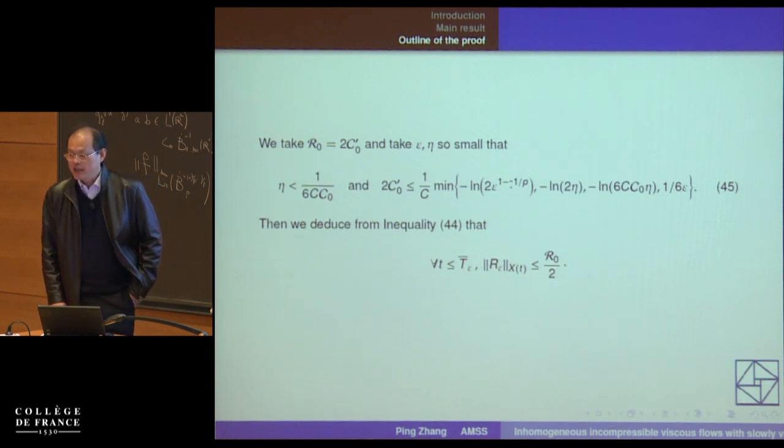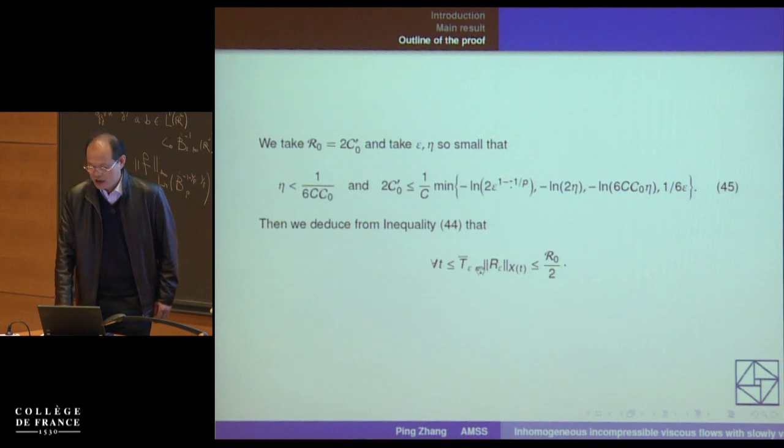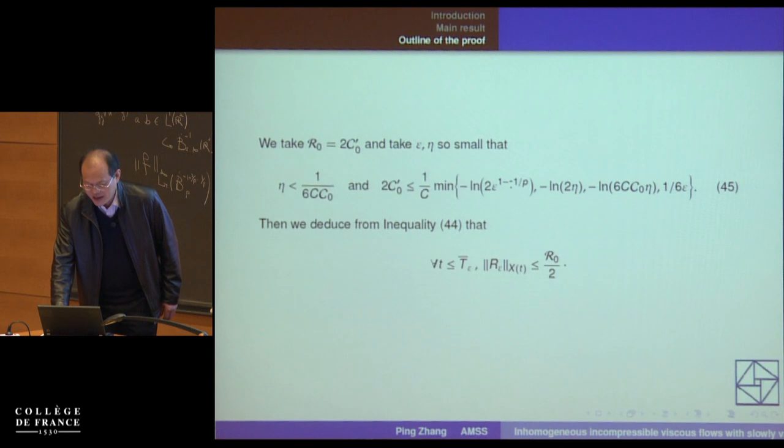So in this way, by a continuity argument, we prove T bar epsilon equals plus infinity. And the proof of the main theorem is complete.